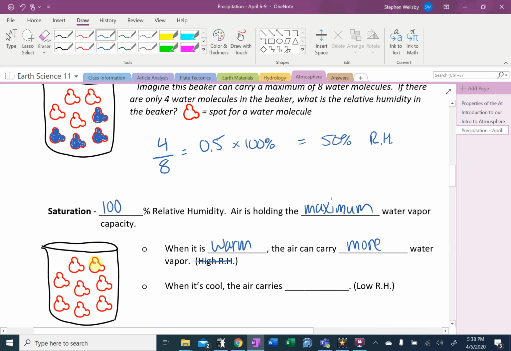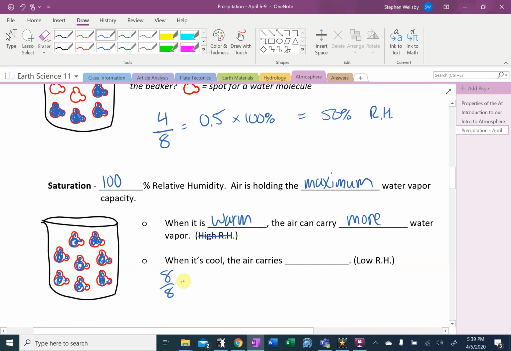In the case of warm air, we would have, let's say, a maximum of 8 molecules of water. If it was saturated, we would have all 8 of these filled up. So we'd have 100% relative humidity, a maximum of 8 out of 8, which is equal to 1, and you multiply by 100% to get 100% relative humidity.